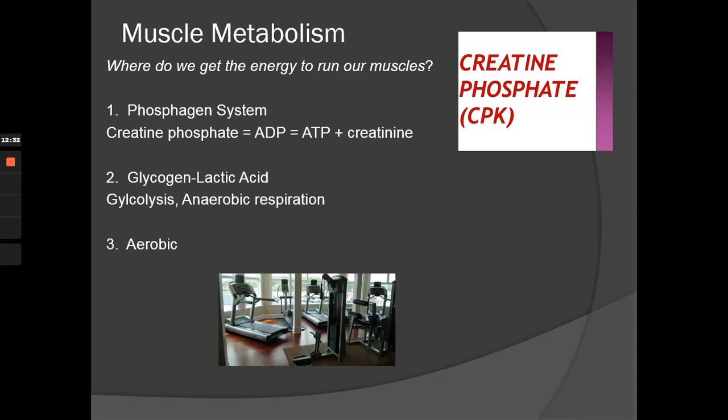So number one we call the phosphagen system. Now this is also known as substrate level phosphorylation. So substrate level phosphorylation. And we're using what's called the phosphagen system.